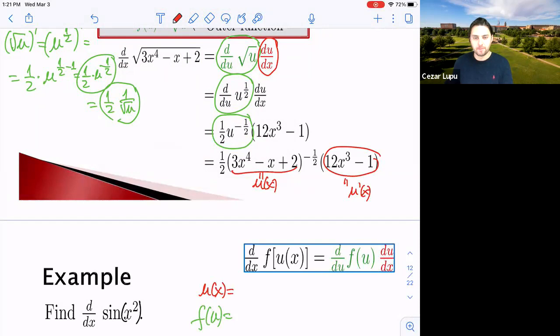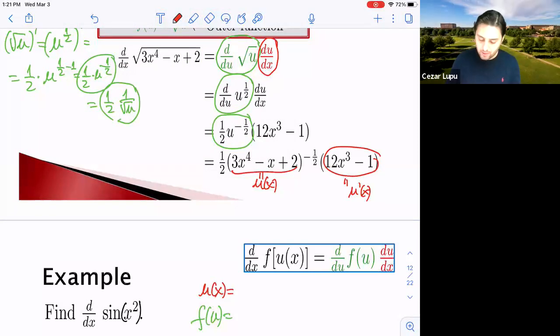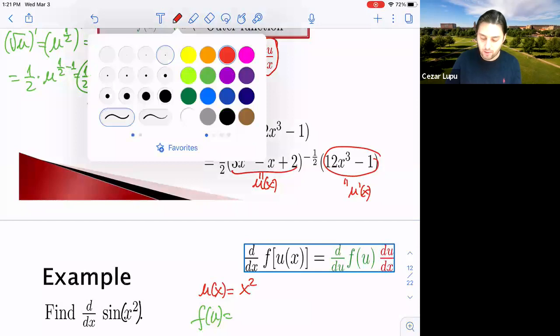So let's see, what do you think? F of u is sine x, and then u of x is x squared. Exactly. So u of x is x squared, and f of u, pay attention, is not sine of x, it is sine of u.